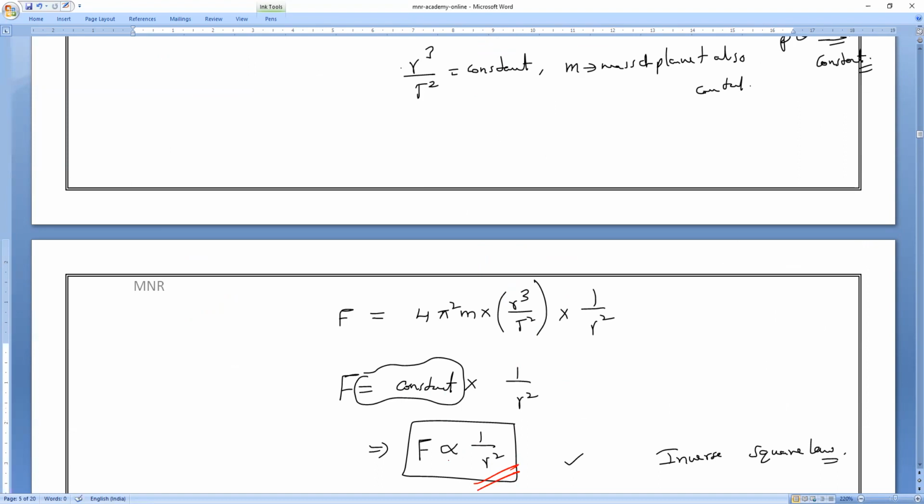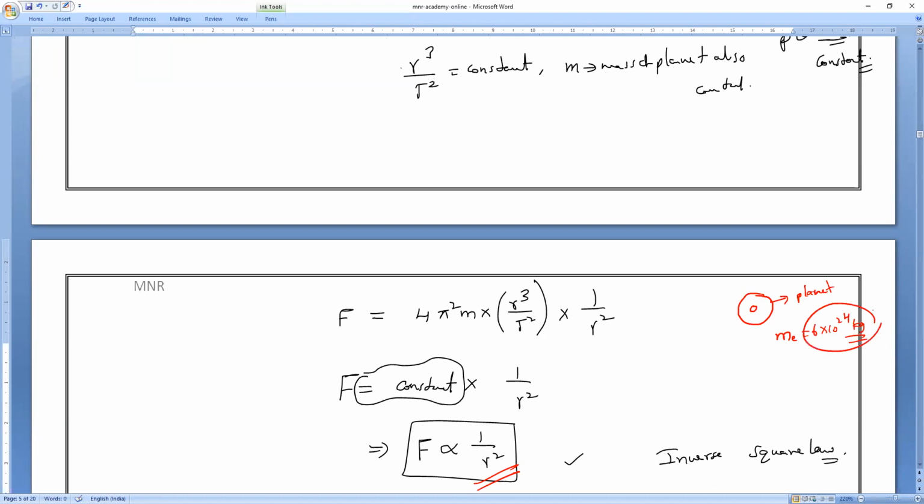Proportionality constant. So I have one doubt, sir. Yes, ma'am. How can you say mass is also in a constant form? Sir, the mass of a planet always remains constant. Different planets have different masses, but each planet's mass always remains constant. For example, we studied the mass of the Earth, 6 into 10 power 24 kg.